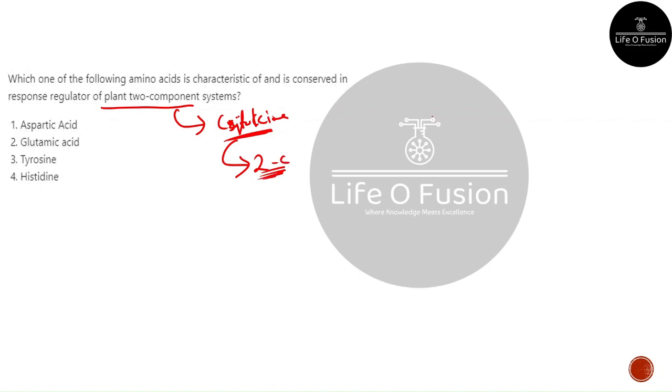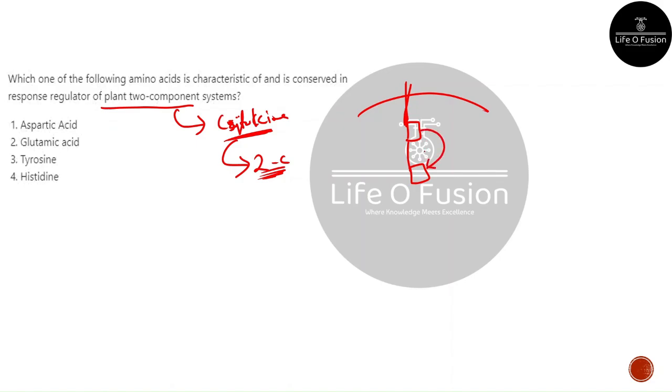In the 2 component system, there is a receptor domain. In the receptor there is an amino acid, and one more is the regulator. So from here the receptor will induce the regulator.